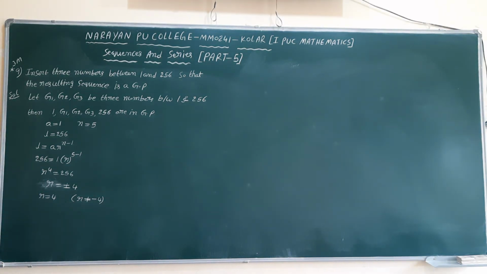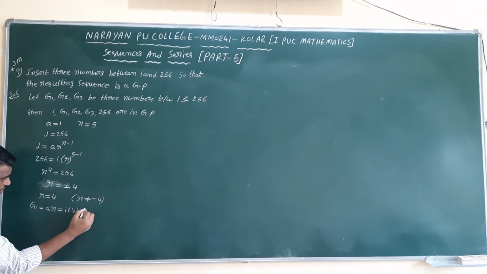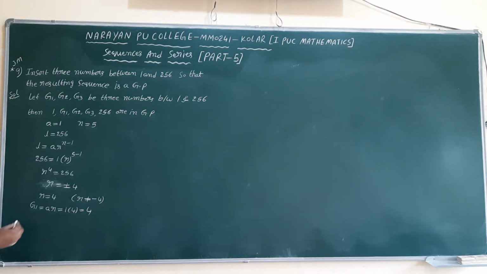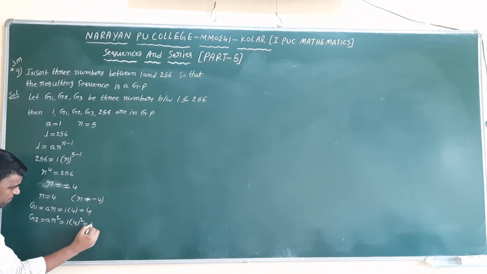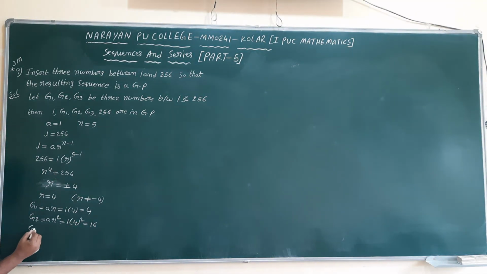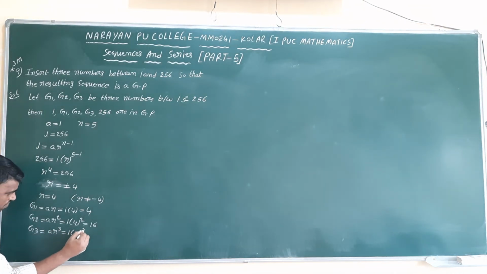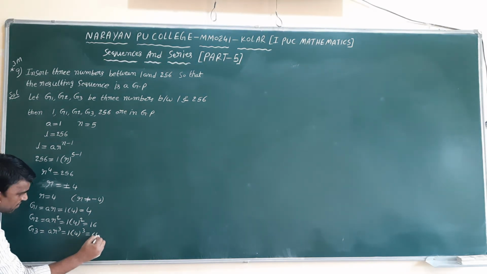Okay, r value 4. Take G1: it is nothing but the first term a r, 1 into 4, which is 4. Next G2 is a r square, 1 into 4 square, 4 square value 16. Next G3 is a r cube, 1 into 4 cube, 4 cube value 64.